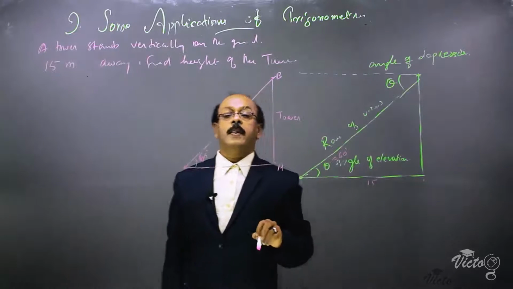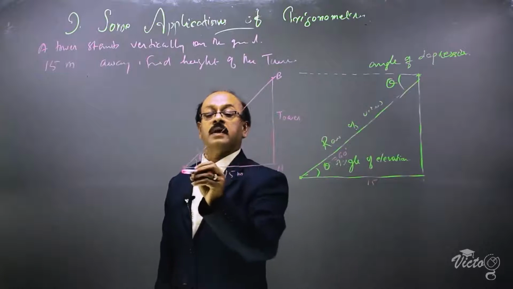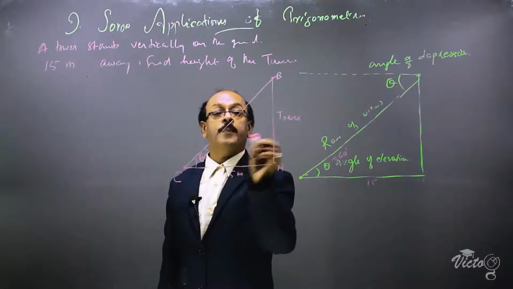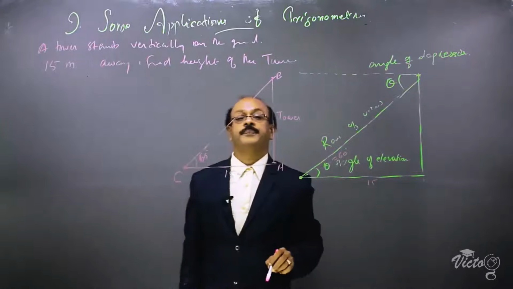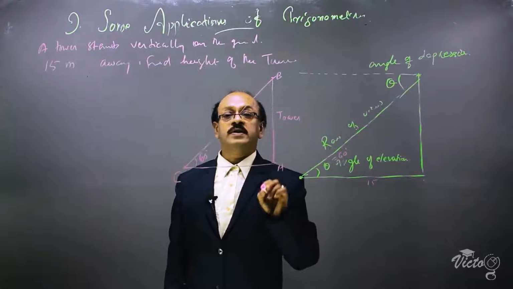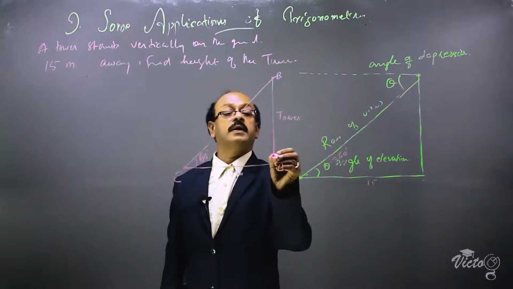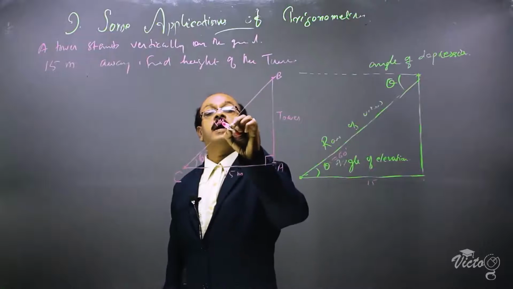Note that side AB in triangle ABC is the opposite side of 60 degree. Which side is known to us? The adjacent side is known. Here it is 90 degree, so that is the hypotenuse.